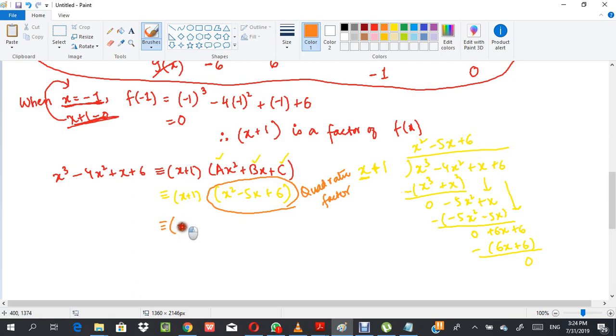So this becomes x plus 1 times x squared, take away 6x, add x, add 6, x minus 6.